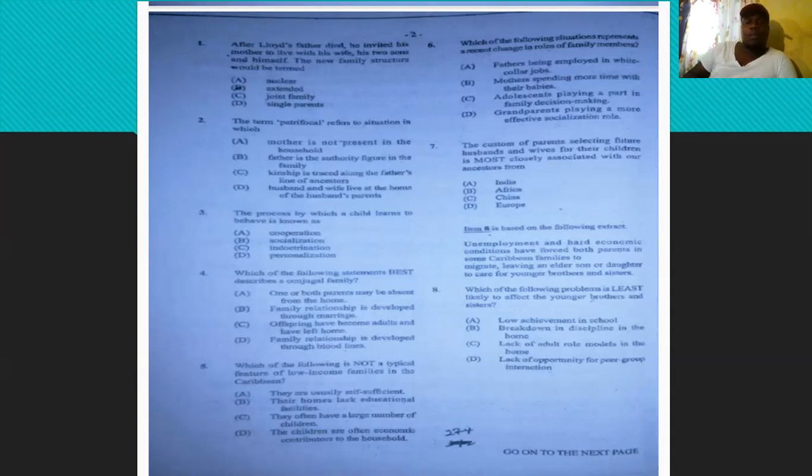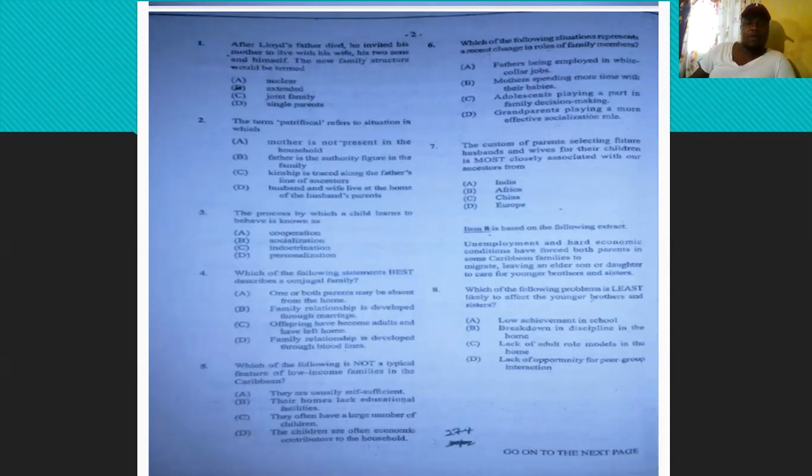Number four, which of the following statements best describes a conjugal family? Anytime you hear the term conjugal, right, it refers to marriage. Just like, oh, when men are imprisoned, they can have conjugal visits. Think about it. A regular girlfriend couldn't just come off of the street and get a conjugal visit. Like that, you have to be married in order to get a conjugal visit.